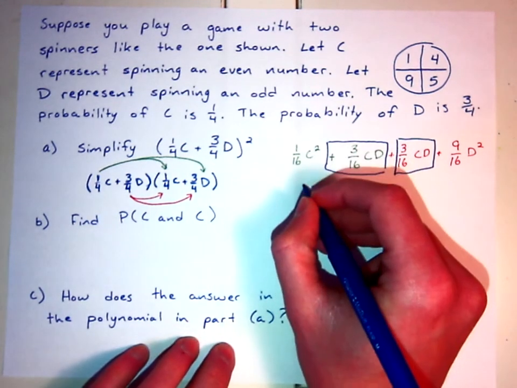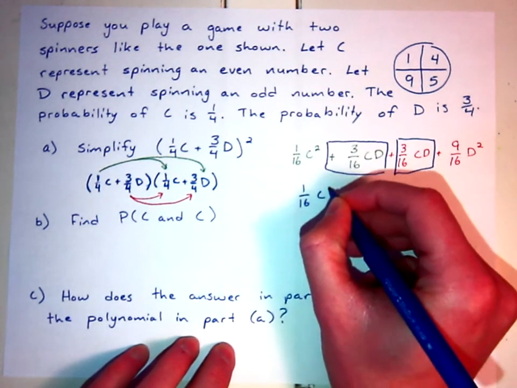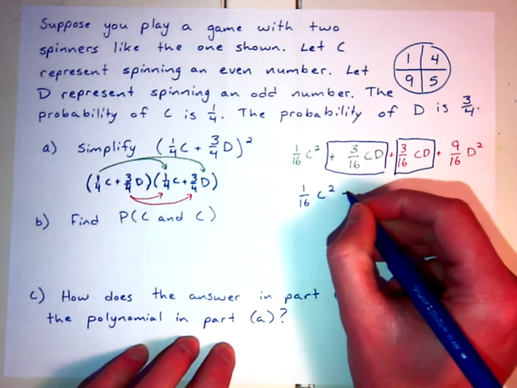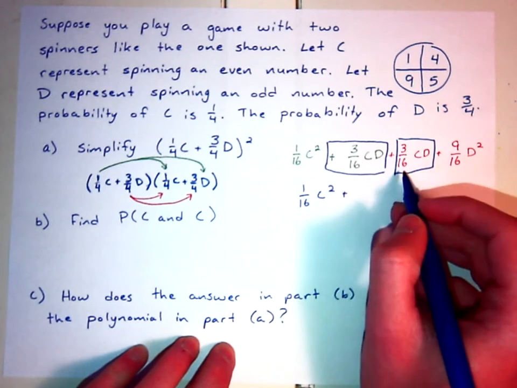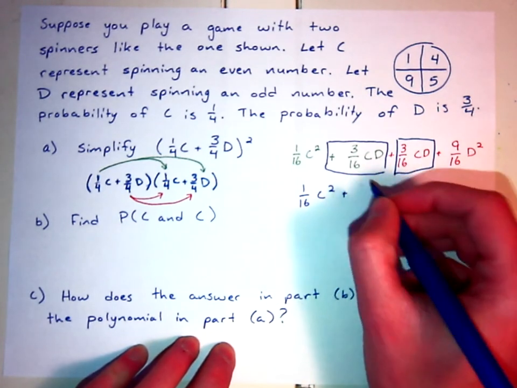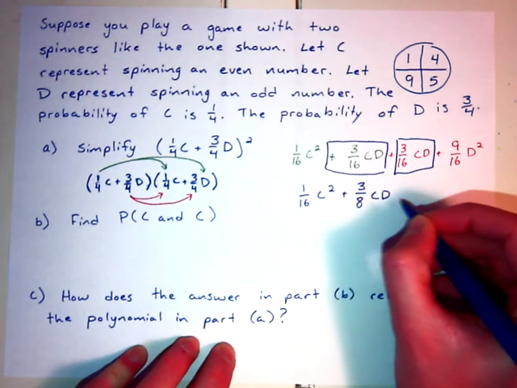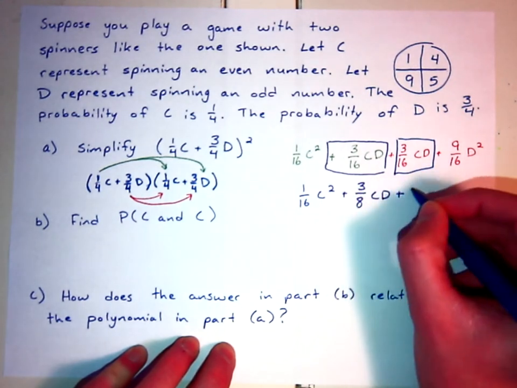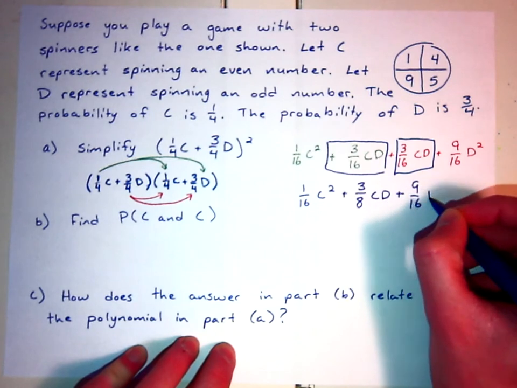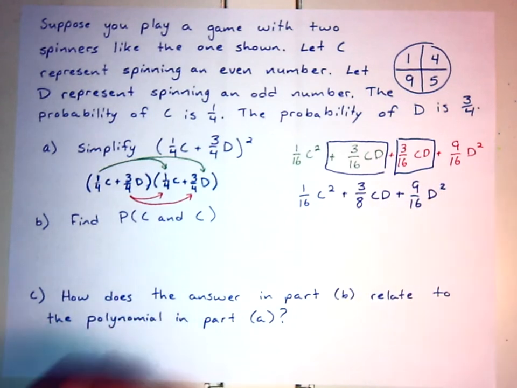So we get 1/16 C squared plus 3/16 plus 3/16 is 6/16, which would simplify to 3/8 CD, plus 9/16 D squared. That takes care of section A. We get 1/16 C squared plus 3/8 CD plus 9/16 D squared.